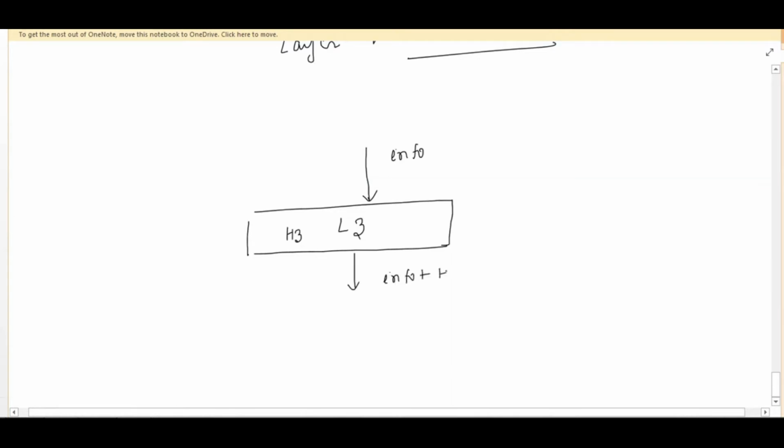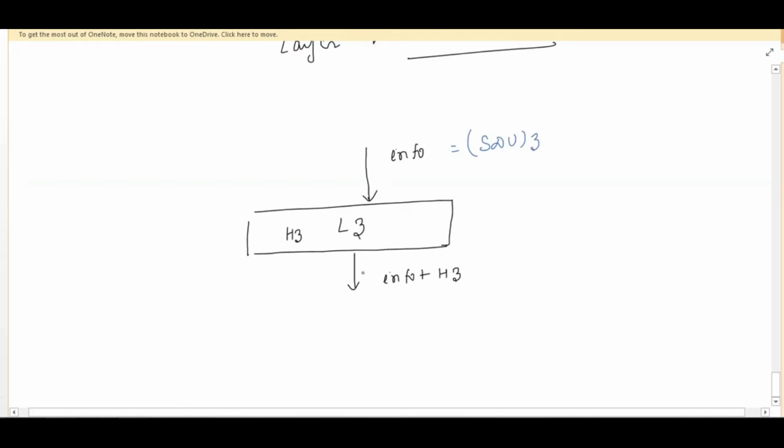So if we have to discuss this layer 3, what is the SDU? What is this layer receiving? It is receiving info. So for layer 3, info is the SDU.